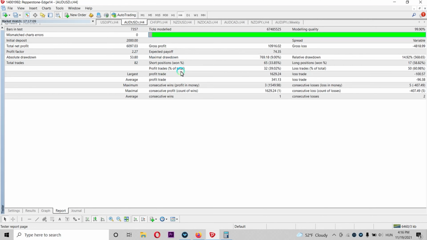And what I always look for in a strategy is the following. The average profit trade and the average loss trade are the two most important factors when you are looking at the statistics of any trading strategy, any trading robot. And here we have a better than 1 to 3 risk to reward ratio. That is insane.